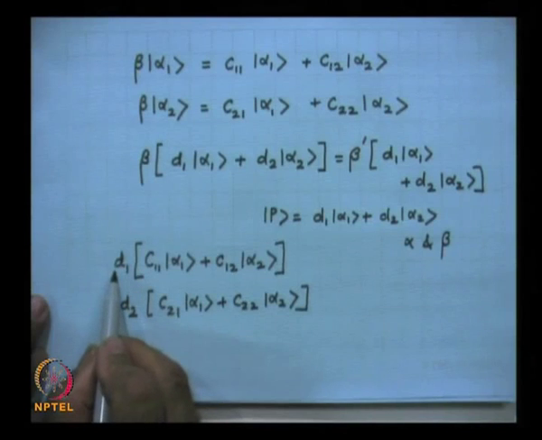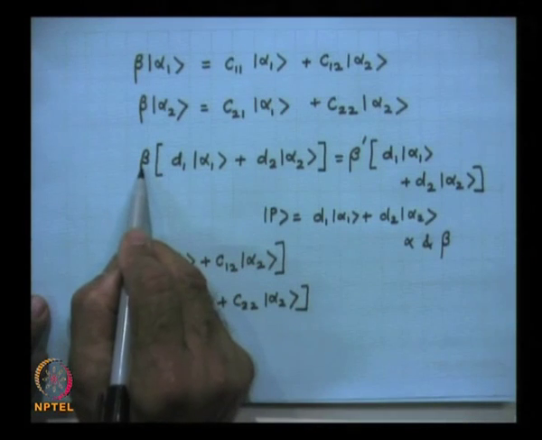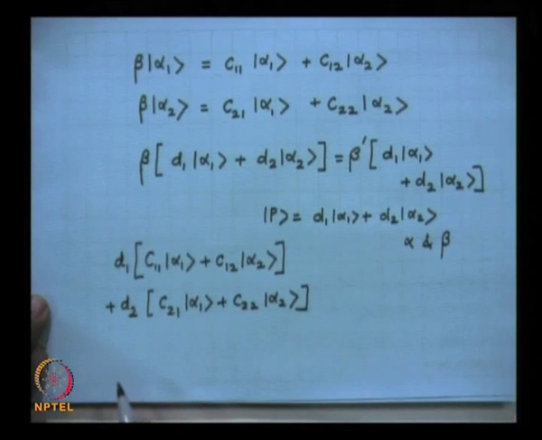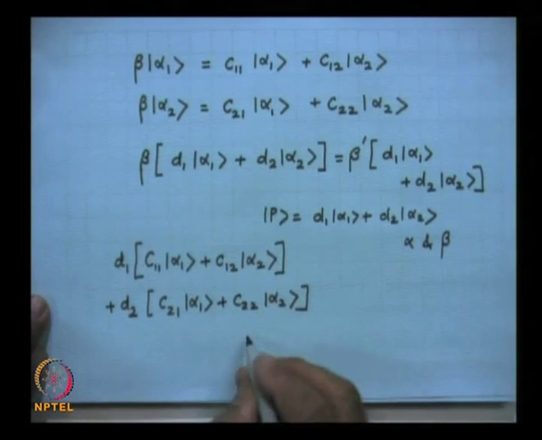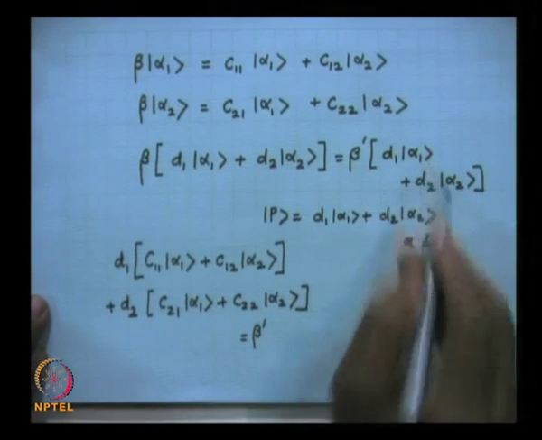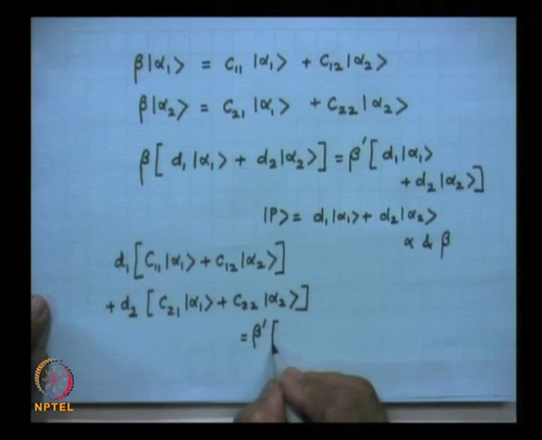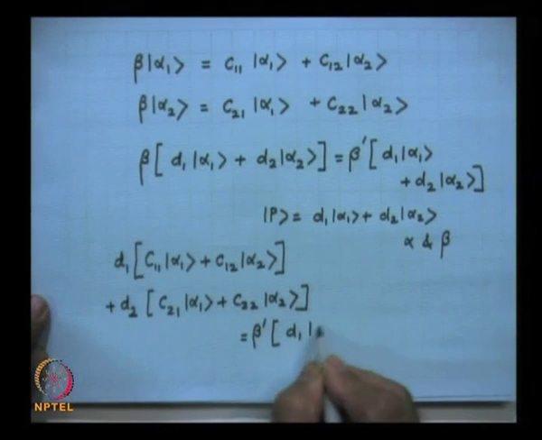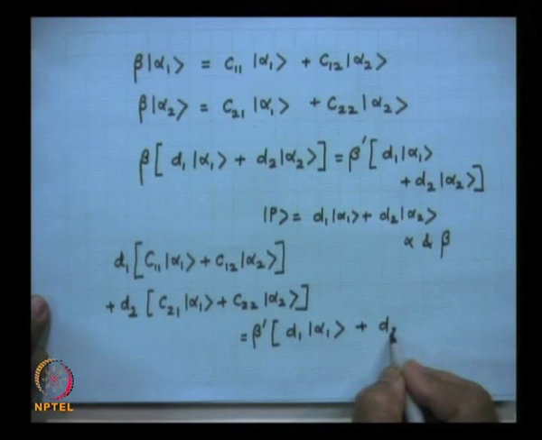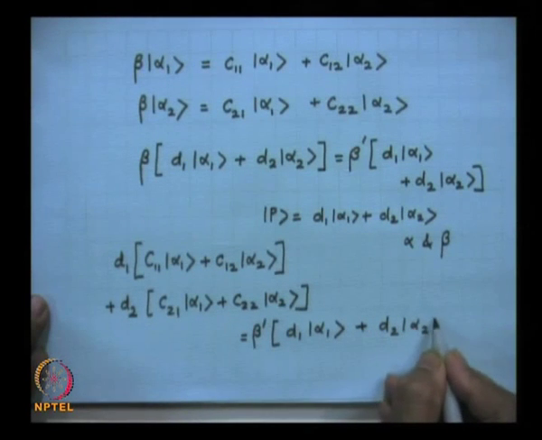Now, we must remember that alpha and beta are operators, but here the coefficients are all numbers. So, this is equal to beta prime times D1 ket alpha 1 plus D2 ket alpha 2.